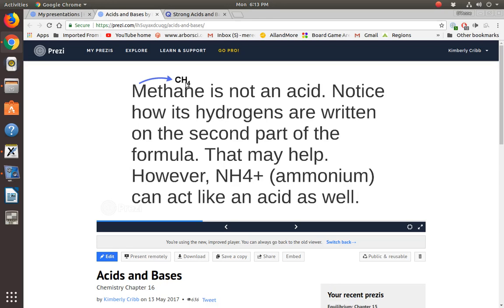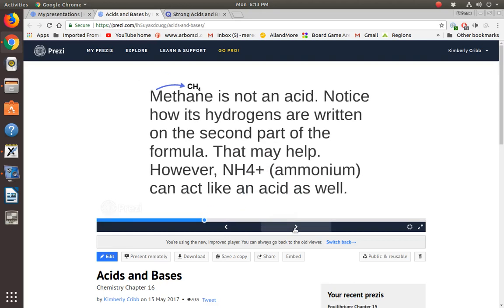And that may help. And then also remember that NH4 can act like an acid as well. So we're going to learn more about these. Ammonium, NH4 plus. It's the ion, ammonium. You will need your polyatomic ion charts. Again, if you don't have those, we need to get those reprinted, okay?